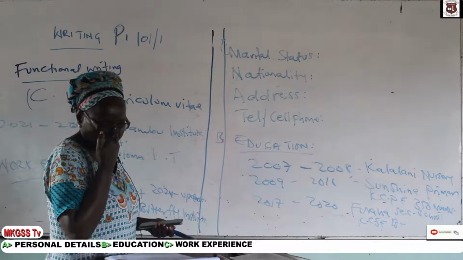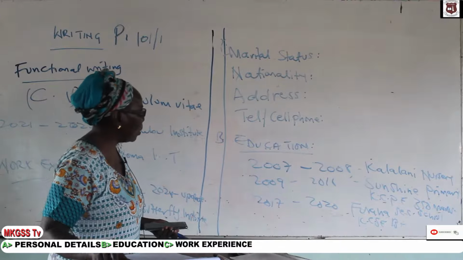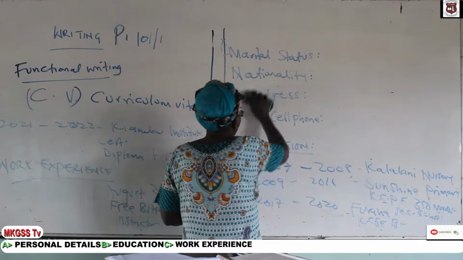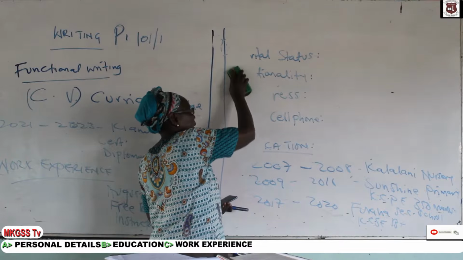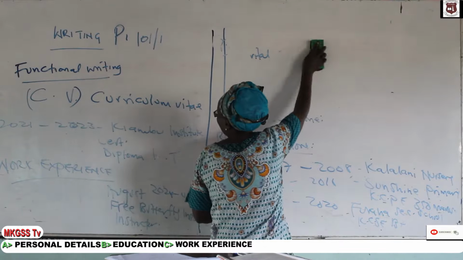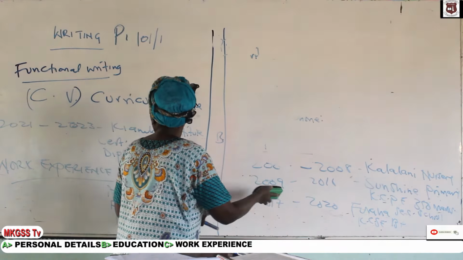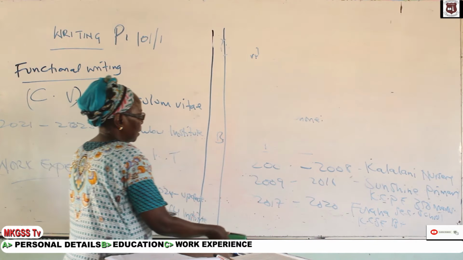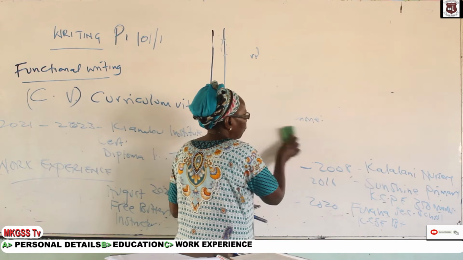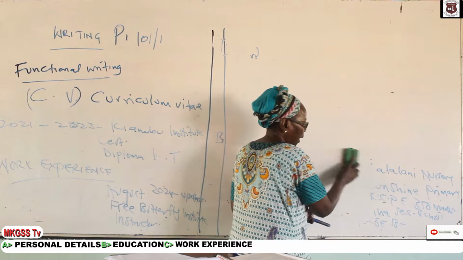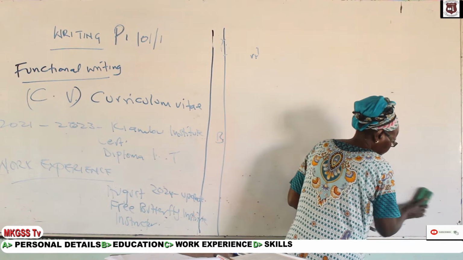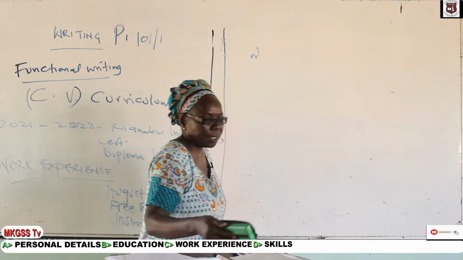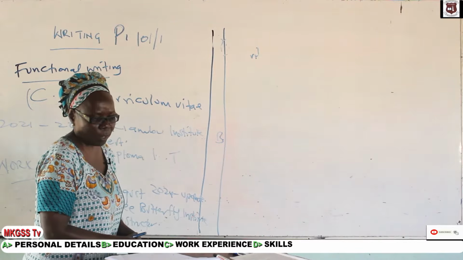And then you move on to the skills. What skills do you have? So remember, you have A, personal details, 2, education, 3, work experience, and then what skills do you have apart from you having been trained as an IT person? What other skills do you have?